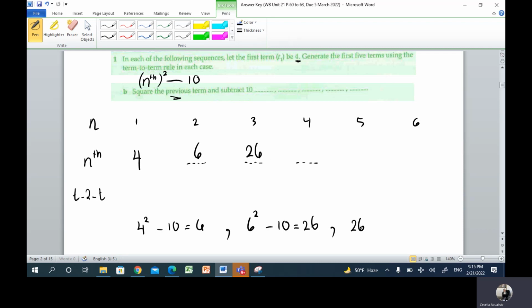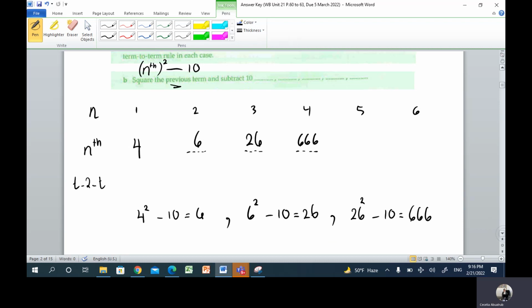So it will be 26 squared minus 10, and the answer will be 666.